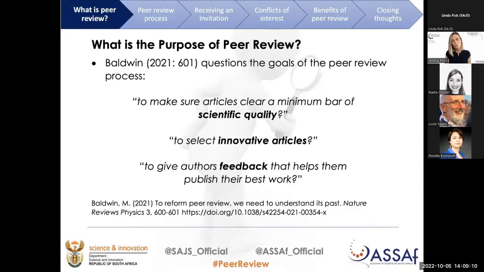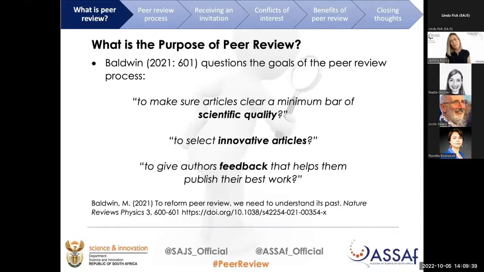She questions whether the main goal of peer review should be about ensuring scientific quality, so that gatekeeping function that I've just mentioned, or whether it should be about selecting the most innovative and the most novel research for publication. Or finally, whether peer review should be about giving feedback and improving the quality of that research output.